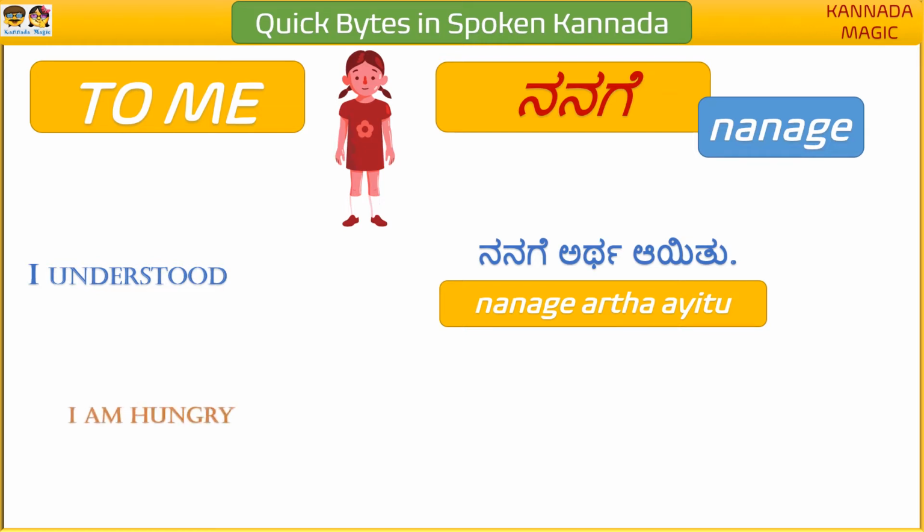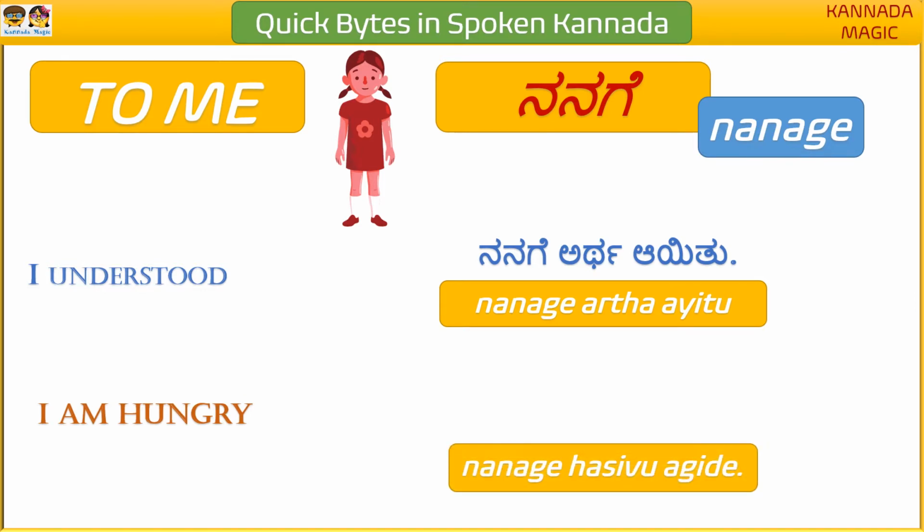How do you say that? Nanage, to me, nanage hasivu agide. Repeat after me. Nanage artha aitu. Next one. Nanage hasivu agide.